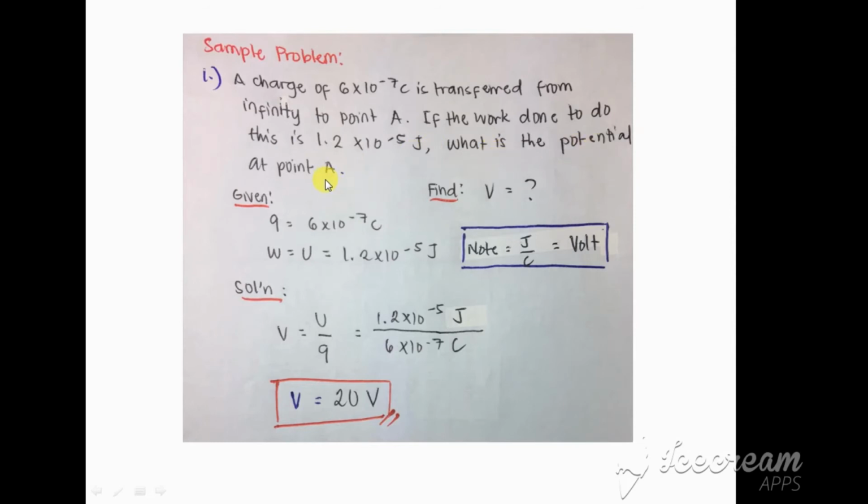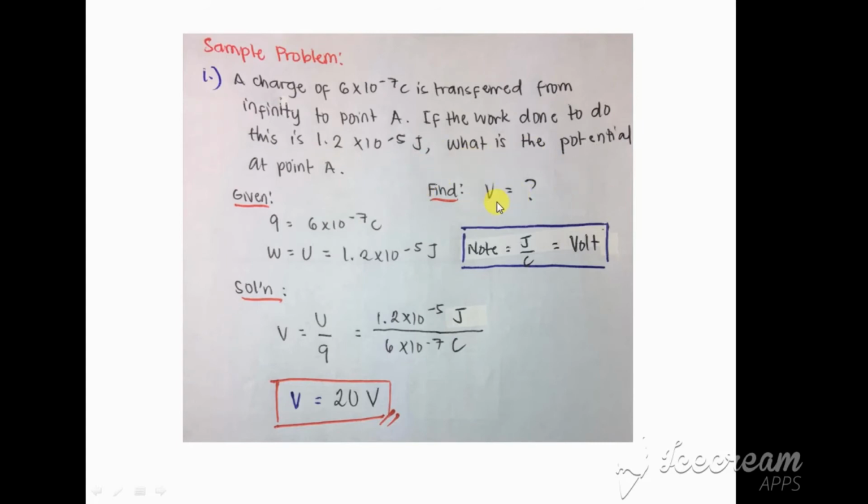The given values are Q, the charge, which equals 6 times 10 raised to negative 7 coulomb. Work here can be equal to the electric potential energy, which equals 1.2 times 10 raised to negative 5 joules. And we are asked to find the electric potential.